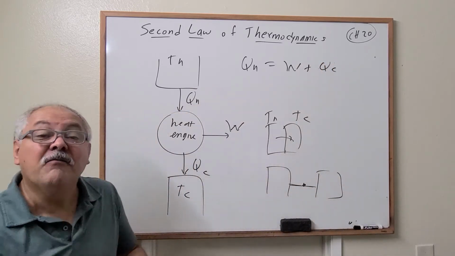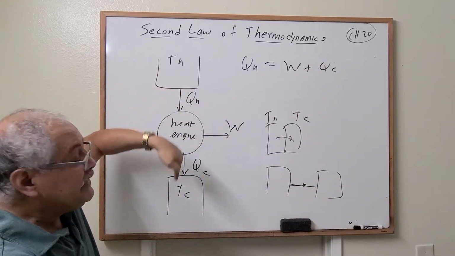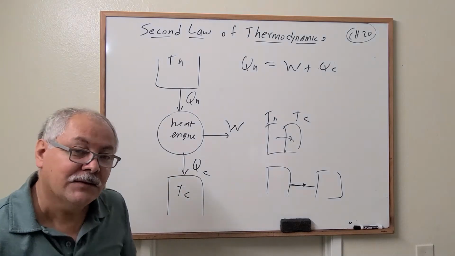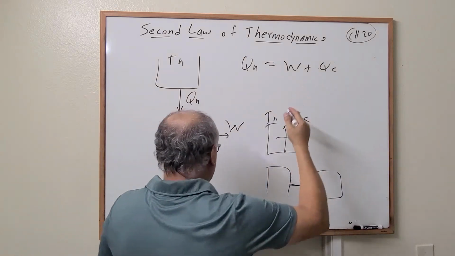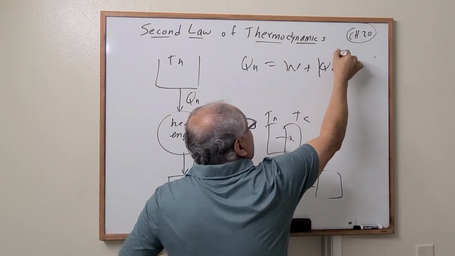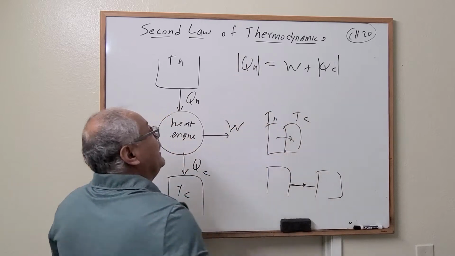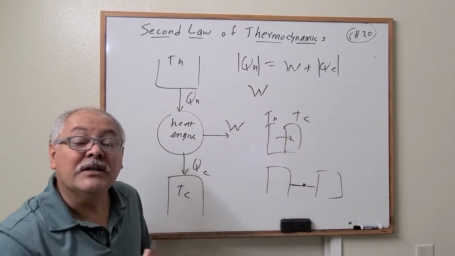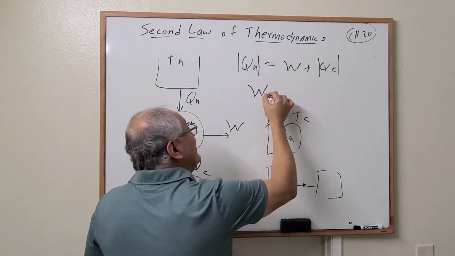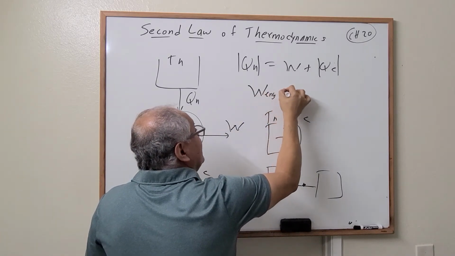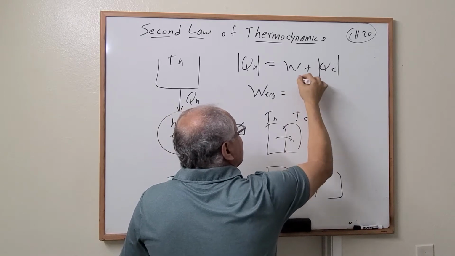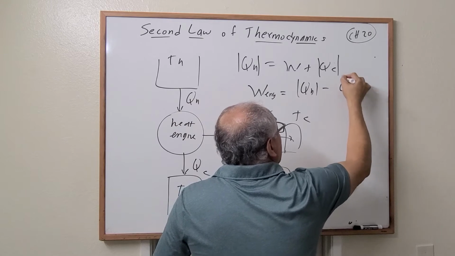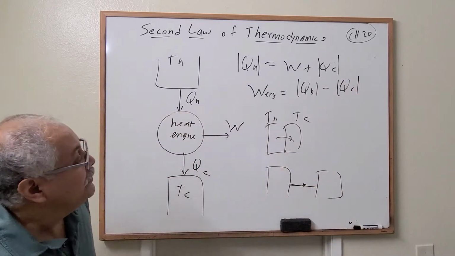Remember, we use the convention that heat entering the system is positive and heat leaving the system is negative. To represent this, we take the absolute value, because we're looking for the net work done by the heat engine, which equals the heat coming from the hot reservoir minus the heat going to the cold reservoir.